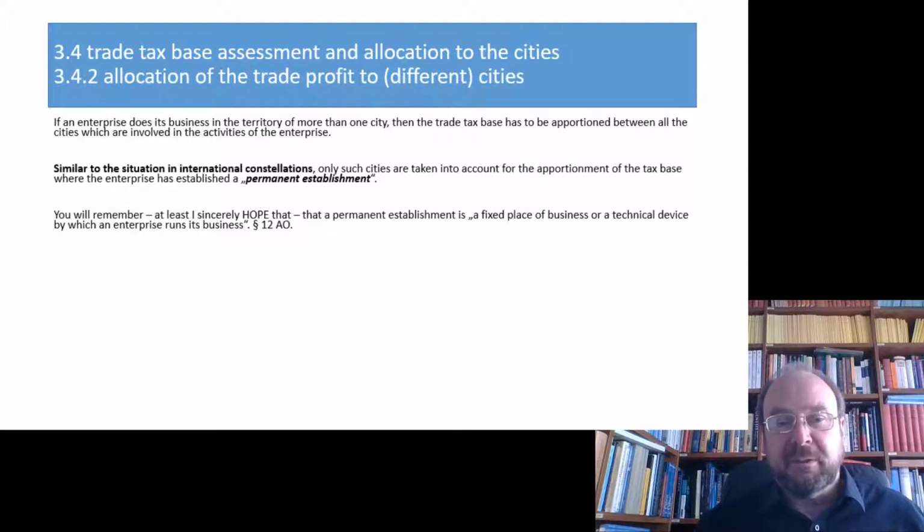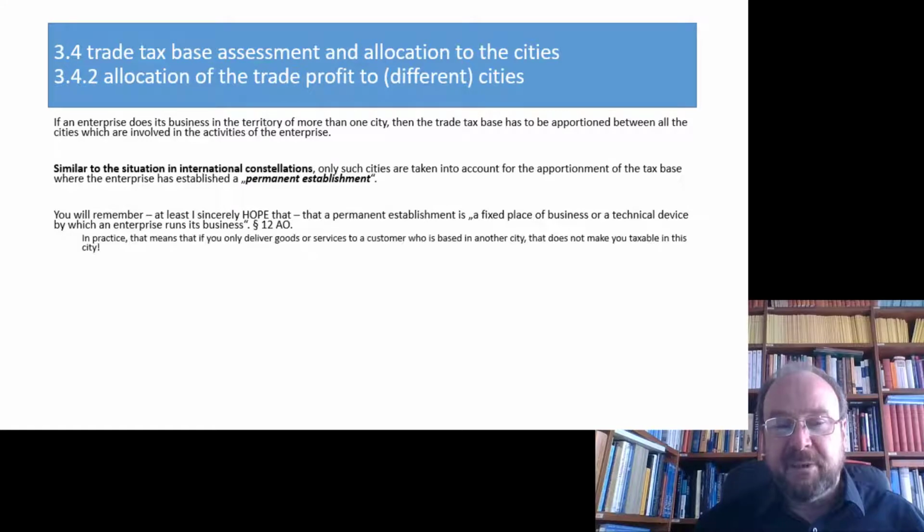I hope that you remember, I really and sincerely hope that you still know that a permanent establishment is a fixed place of business or a technical device by which an enterprise runs a business. So where you have that, you will pay a part of your trade tax.